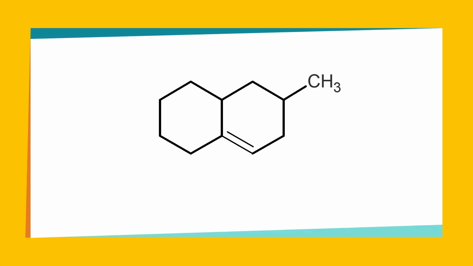So now let's try to identify the functional group in this molecule. How many functional groups do we have? If you look here, we have a hexagon, but the hexagon does not have a continuous double bond. So in this case, it is not an aromatic ring, and we only have one functional group here.